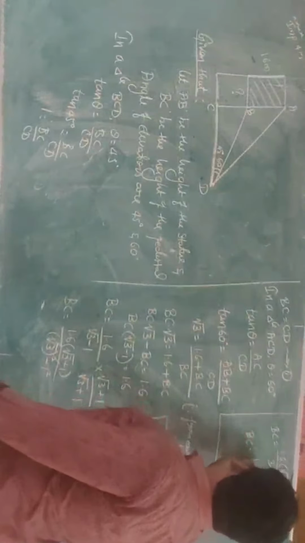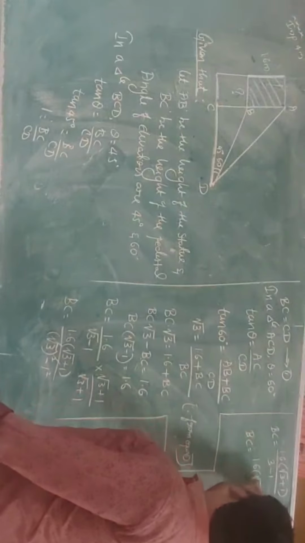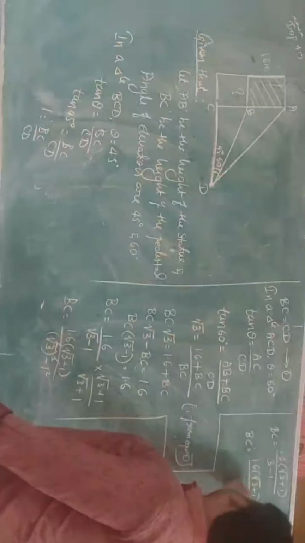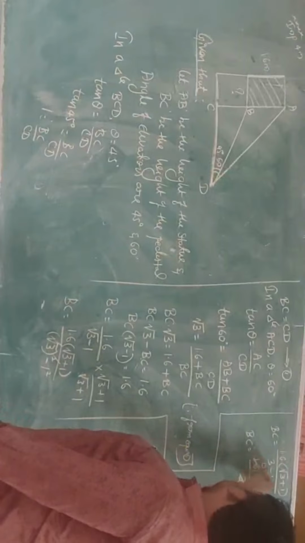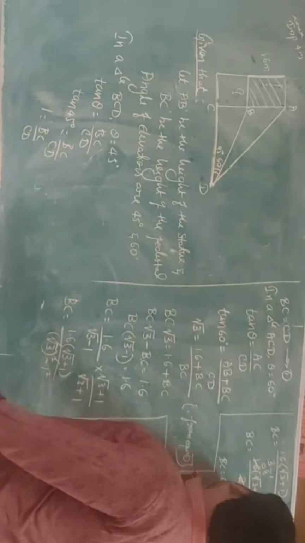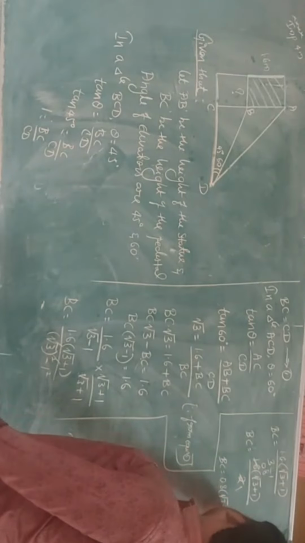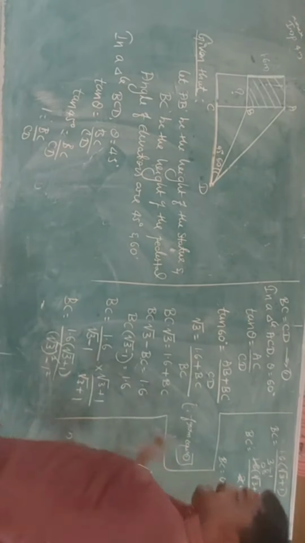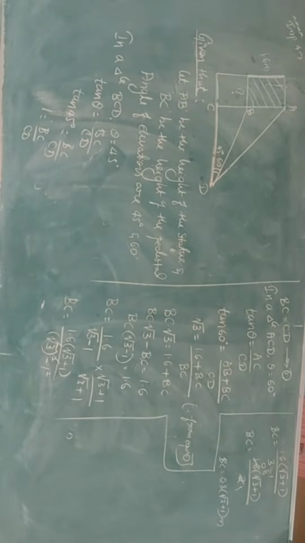So BC is equal to 1.6 into root 3 plus 1 divided by 2. 2 ones are 2, 0.8. So BC is equal to 0.8 into root 3 plus 1. You need to check in the answer sheet what's given. Am I right? Yes.